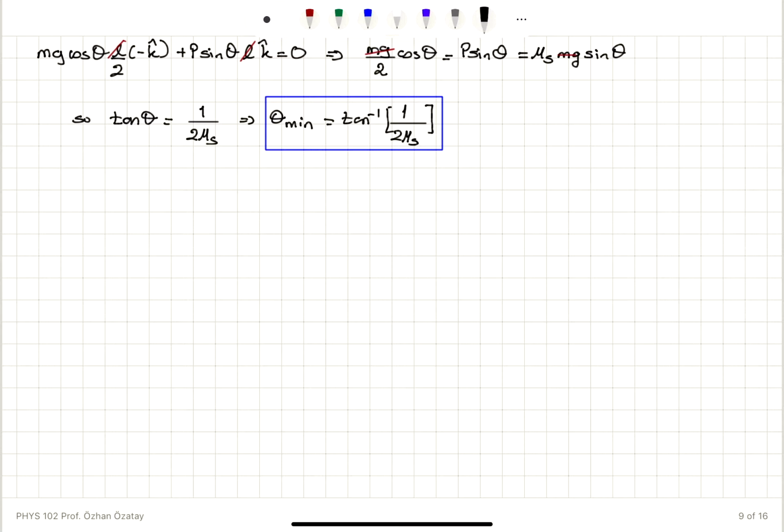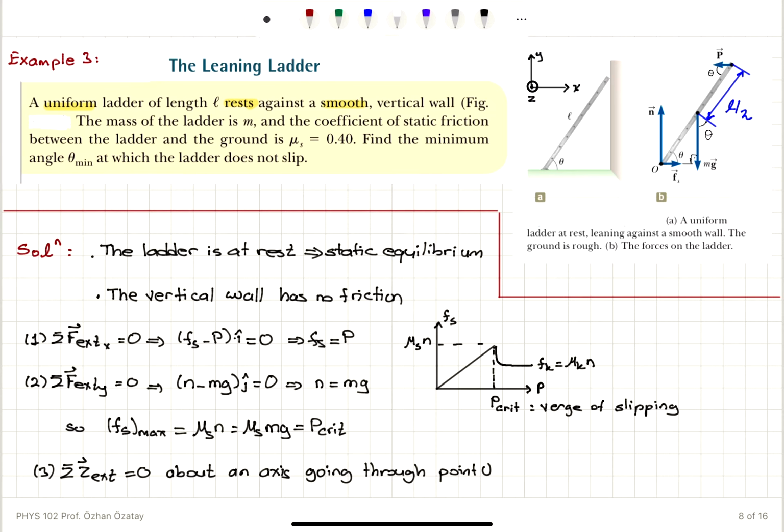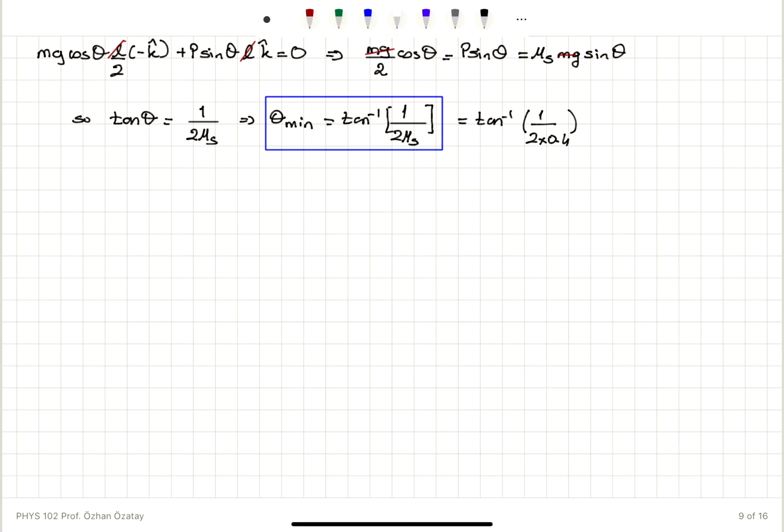Now, if you plug in the numbers, that's tangent inverse of 1 divided by 2 times 0.4. That was our coefficient of static friction, 0.4. And this gives us 51 degrees as the minimum angle I need to have static equilibrium without the ladder slipping.